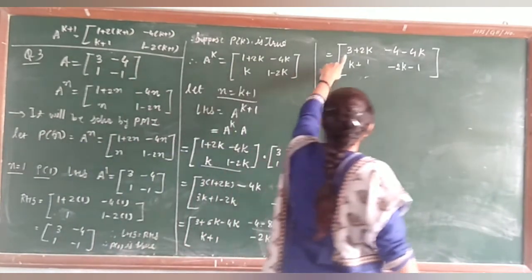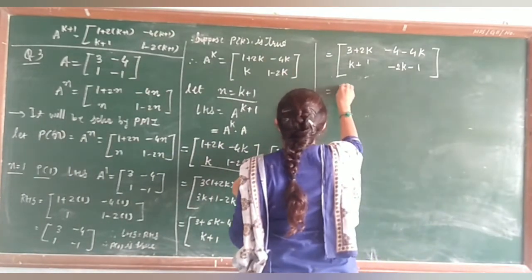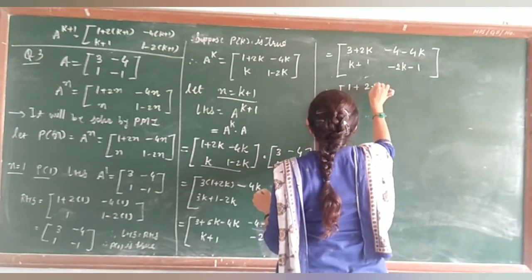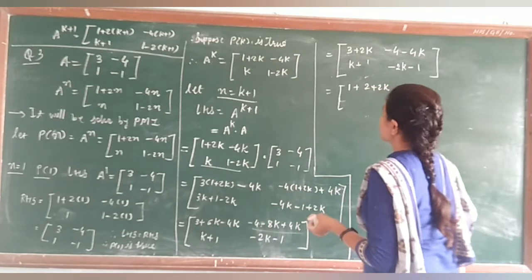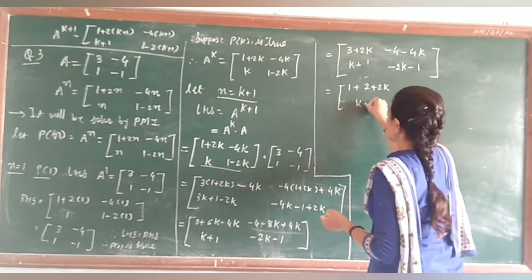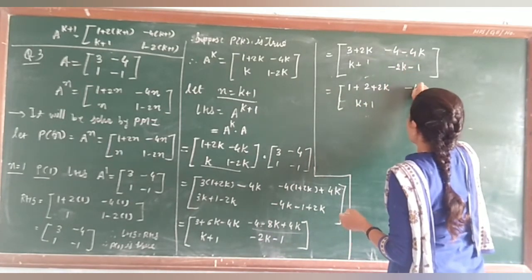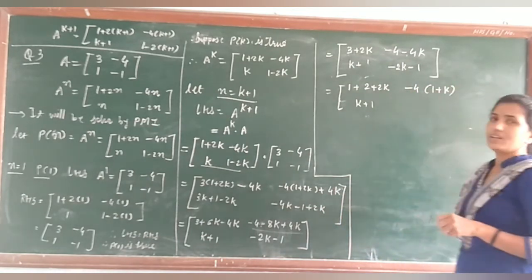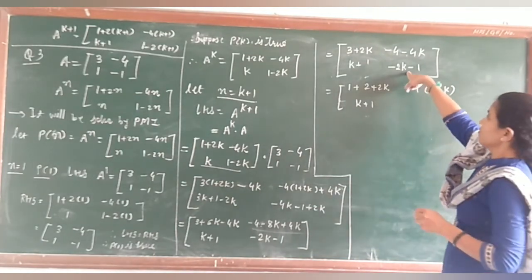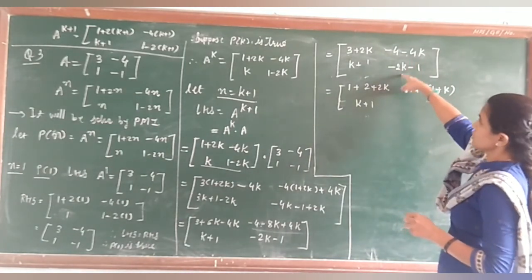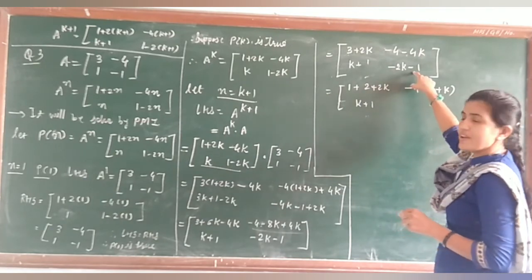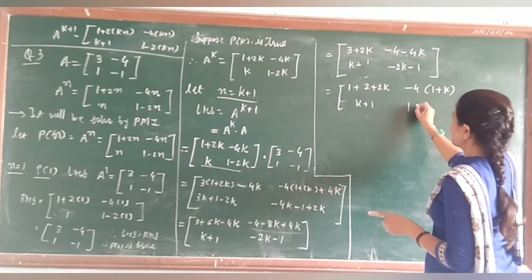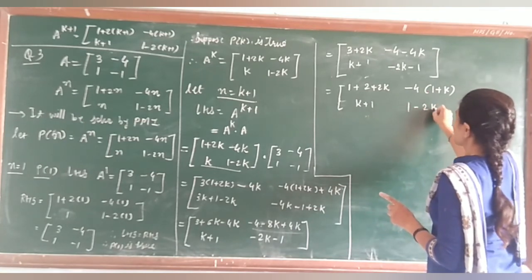So here we require 1 plus 2k. So what do we do? 3 we can write like 1 plus 2 plus 2k, right? Where k plus 1 is there, so no issue with this. Here if I take -4 common, there is 1 plus k remaining in the bracket. Where in the 4 I do not require -2k minus 1, I require here plus 1, so I am writing 1. Okay, plus 1 I am writing here. So plus 1 minus 2k minus 1.